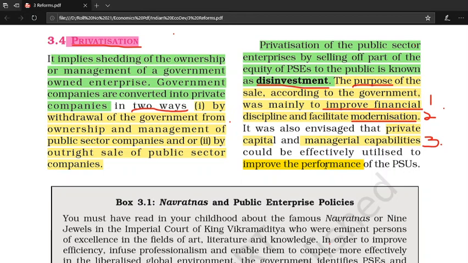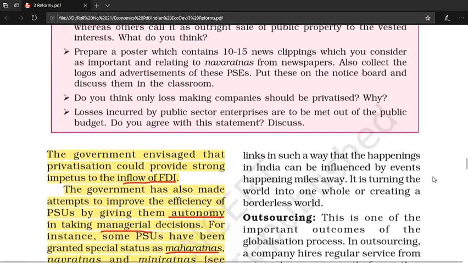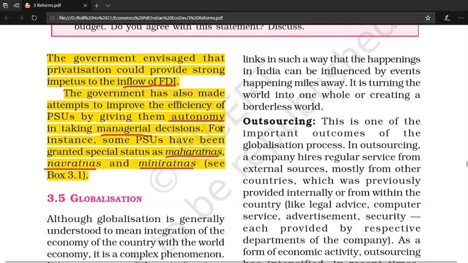Why disinvestment? There's also a point to note that even though the government wants to go on with privatization, it still has its own industries running, and to improve their performance, as we've seen through disinvestment, it has also given autonomy, more freedom, and more managerial decision-making, not by the council of ministers, not by the parliament, but the running of the industry has been given full freedom like it's done in the private sector.